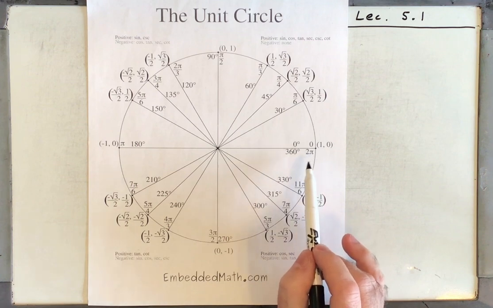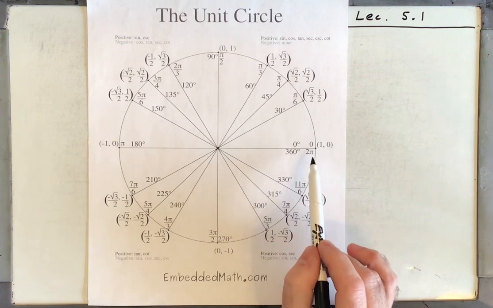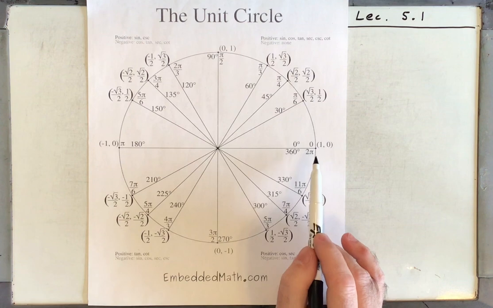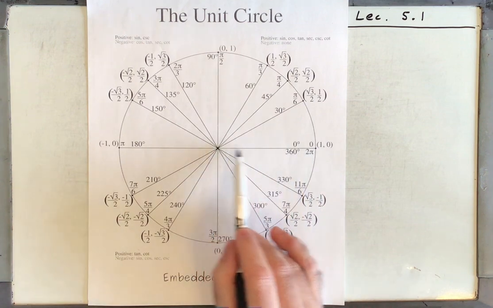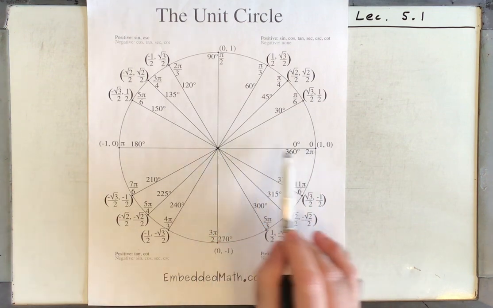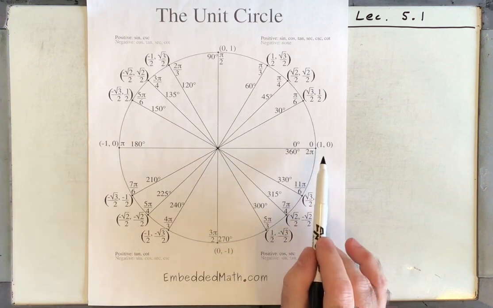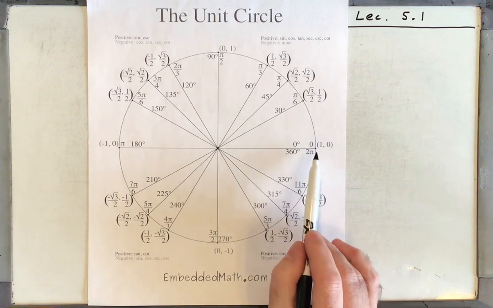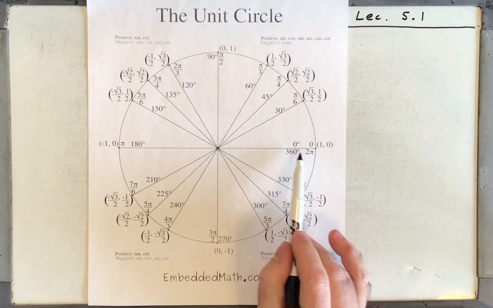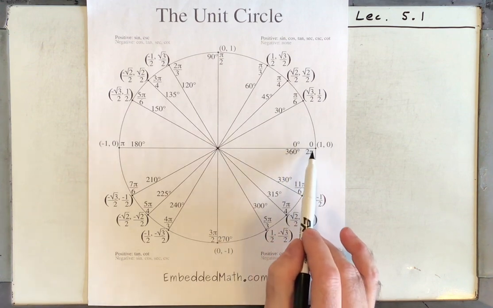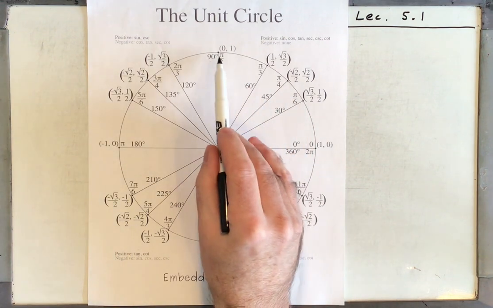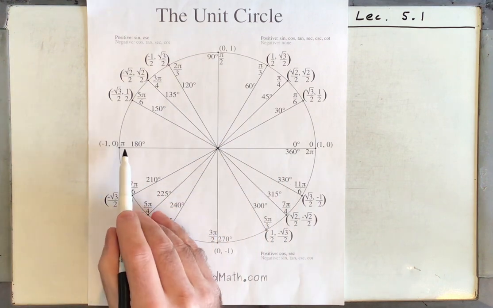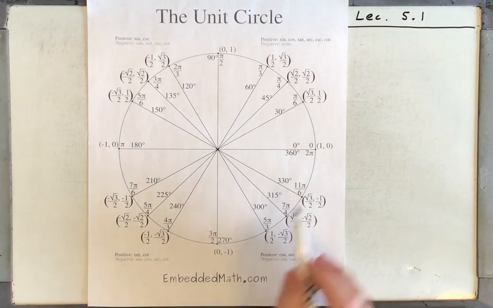It has to do with the circumference of a circle being 2 pi times the radius r. Circumference is 2 pi r. And in our unit circle, the radius, this distance from here to here, is 1. So mathematicians prefer to measure angle not in degrees, but in radians. So instead of 90 degrees, this would be pi over 2, pi radians, 3 pi over 2, and then back to 2 pi radians.